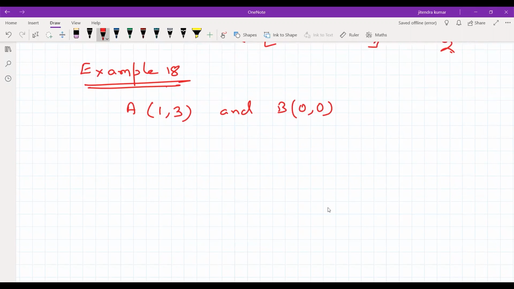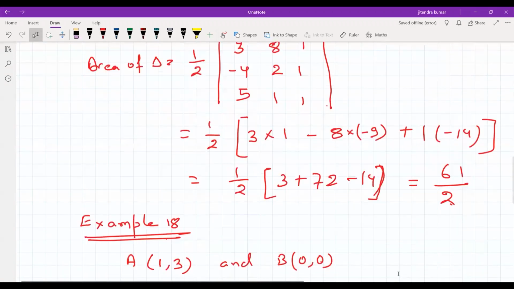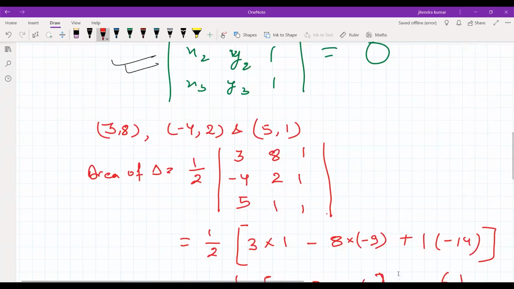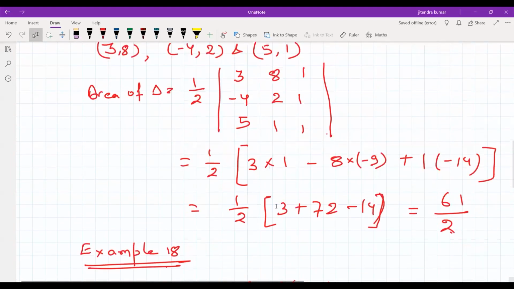So see, to find the equation of a line, we need to consider a general point (x, y). Okay, (x, y) is a general point which lies on this line. Suppose we have to find the equation of this line. So now we have 3 points (1, 3), (0, 0) and (x, y), and we know that if they lie on the same line, it means the area of the triangle, if you create a determinant using these 3 points, the determinant we have been using in finding the area of a triangle, should be equal to 0.